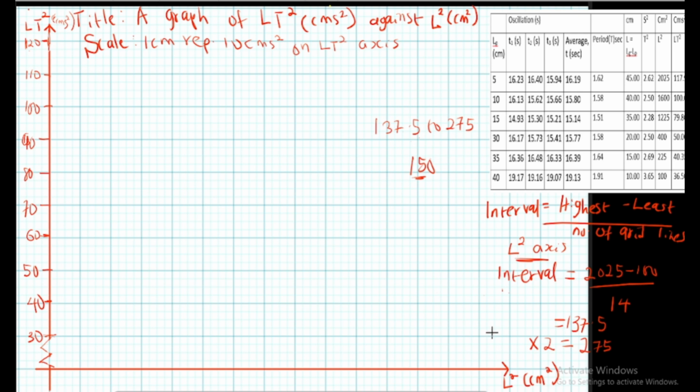So this was able to cover everything. Our highest value here is 2025, and we have 2100 here, so we are good to go.